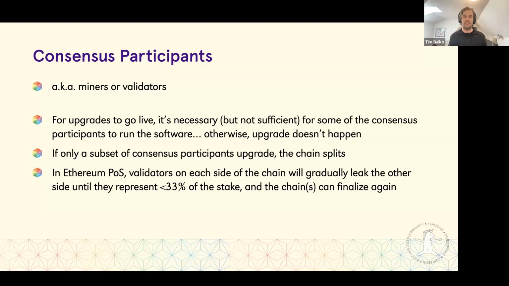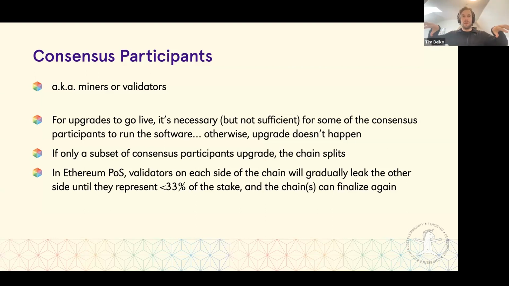Because if only a subset of the consensus participants upgrade, what happens on Ethereum is the chain splits into two. And so there'll be people who run the version of the upgrade, and people who don't. Under the proof of stake rules, the validators on each side will slowly burn the stake of the validators who have not upgraded on their view of the chain until those validators represent less than a third of the stake, and then the chain will keep finalizing again.